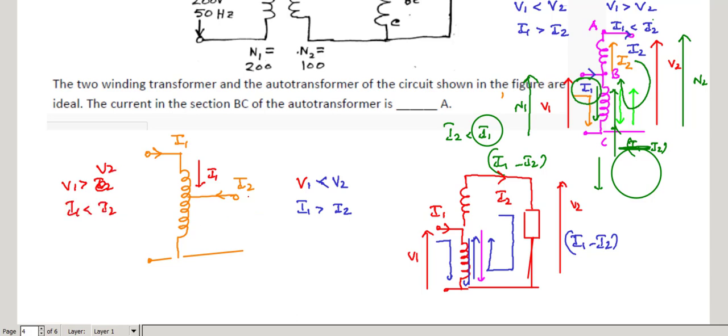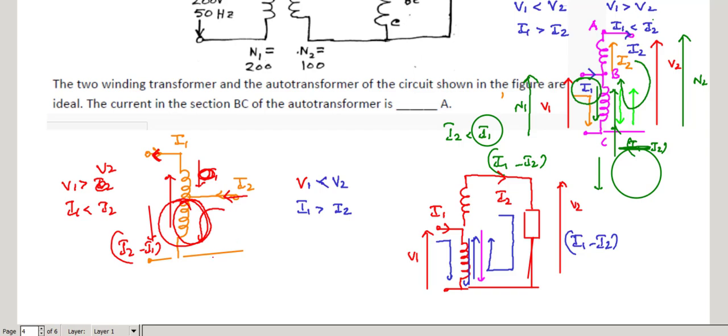Let's take the I2 direction like this and the I1 direction like this. So the direction of this common winding section is downwards. That is, the resultant current I2 minus I1 is flowing in this common winding. So this we require to solve the problem.